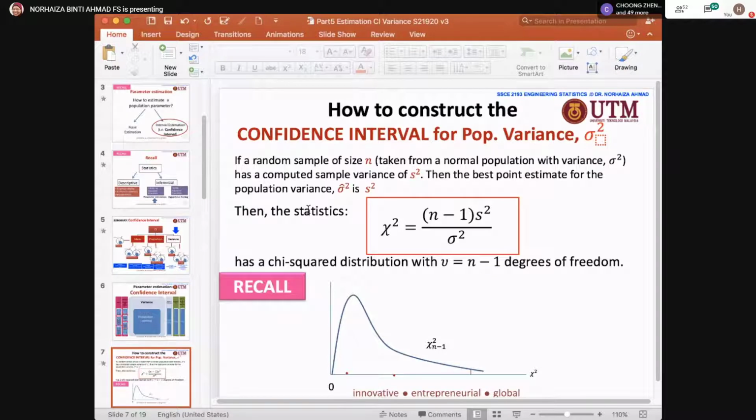Now the sample statistic for S squared is chi squared, defined as n minus 1 times S squared, the sample variance, divided by the population variance. You've already seen chi squared at the end of chapter 2.